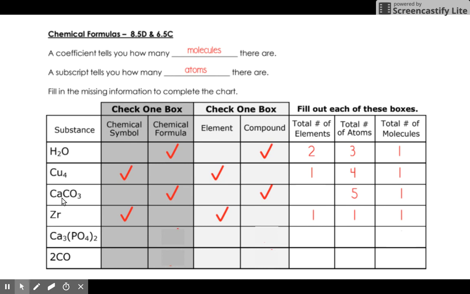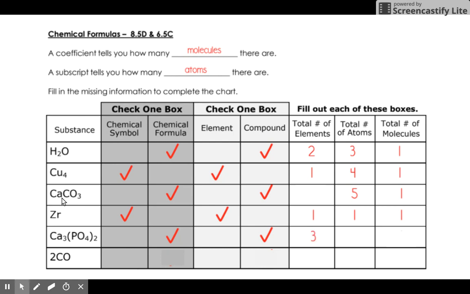We know that this is a chemical formula because there's multiple elements present, which are indicated by those capital letters. We know that it is a compound because we're putting those elements together. It is not just one element represented. How many elements total? We have a total of 3 elements. Total atoms.